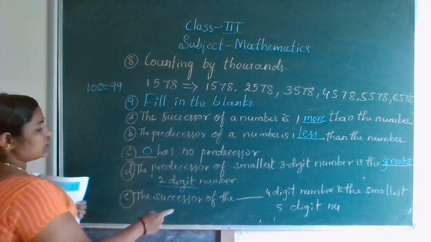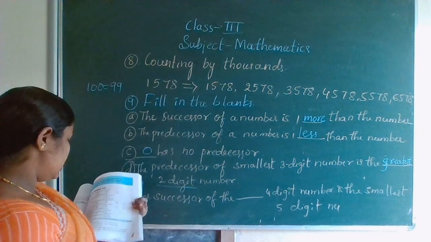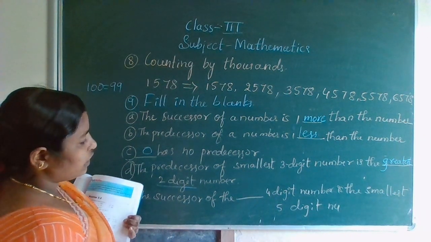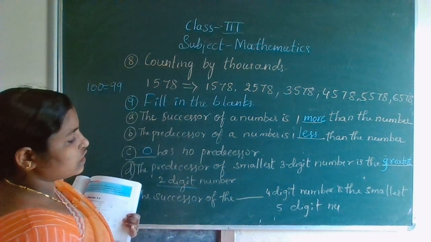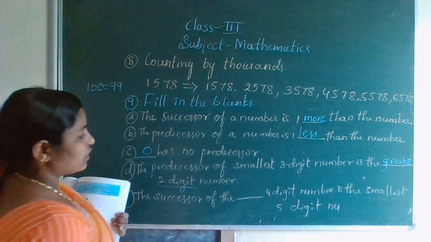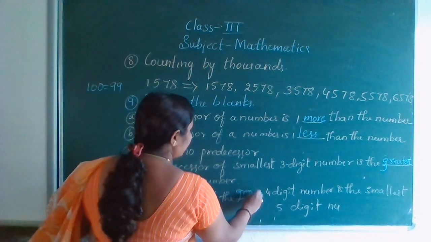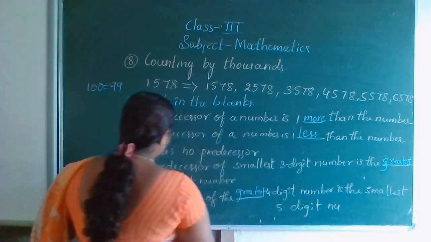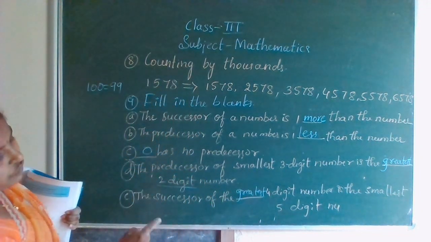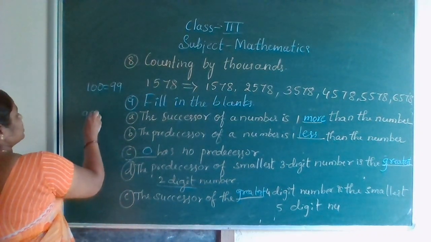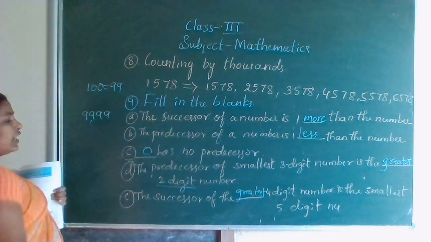Next, the successor of the dash 4-digit number is the smallest 5-digit number. So it will be the answer greatest. The successor of the greatest 4-digit number, that is 9999.